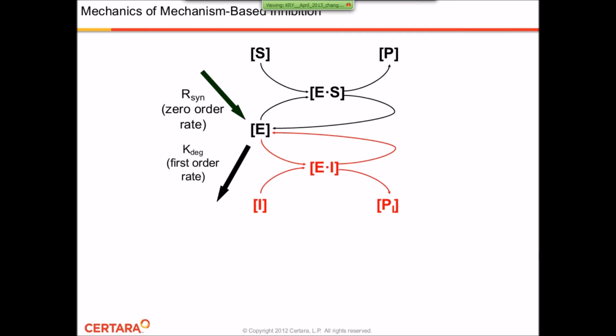When we're looking at the multiple dosing, what we have to build in there is the autoinhibition. So we have to consider a time-dependent or mechanism-based inhibition. For mechanism-based inhibition, this is the enzyme, we've got synthesis of the enzyme, and we've got the turnover, the degradation of the enzyme.